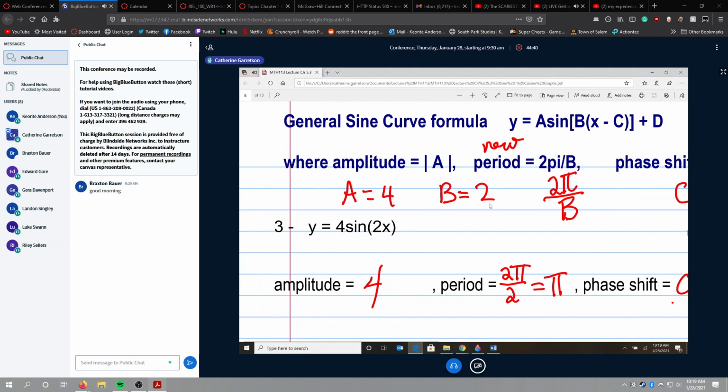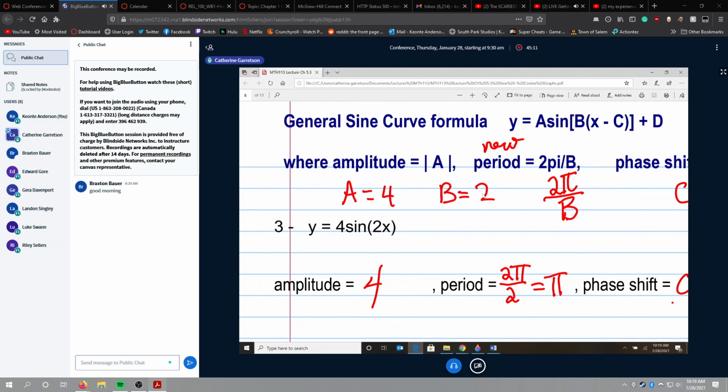What does that affect? Well, the 4 affects your amplitude. So your amplitude is the absolute value of A, the absolute value of 4. So my graph is going to go up 4 and down 4. So it increased the vertical amplitude. But it's also going to change the period because B is part of the calculation.